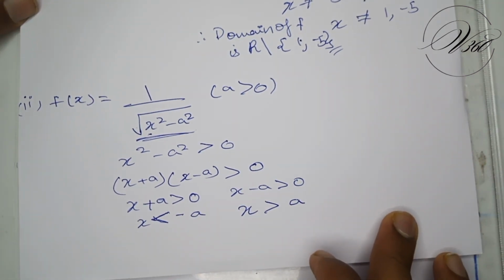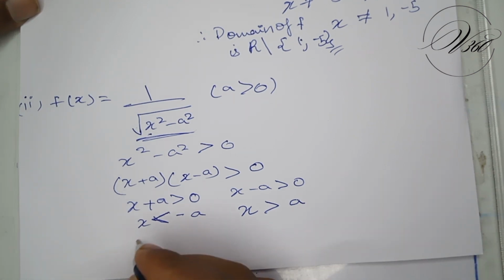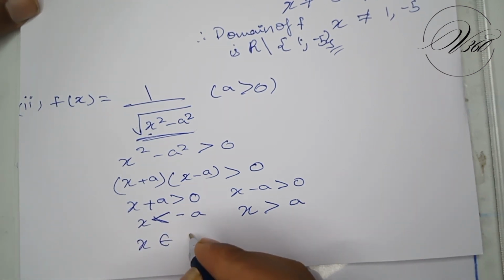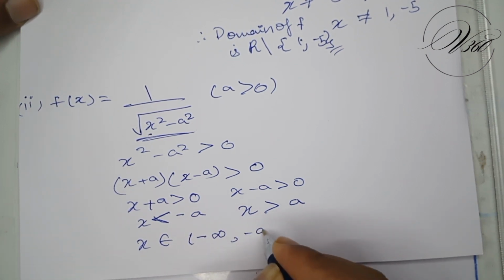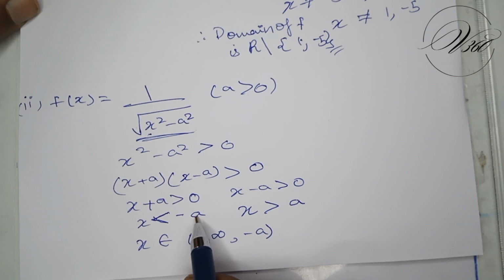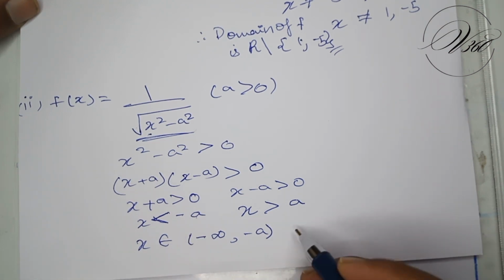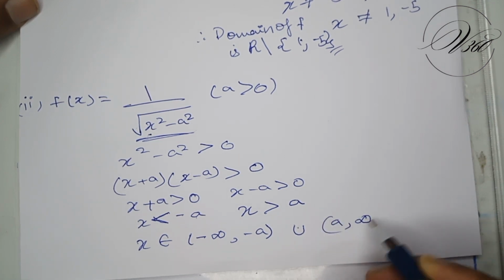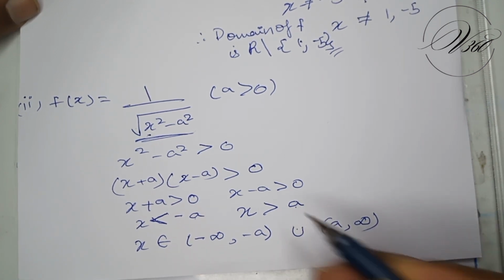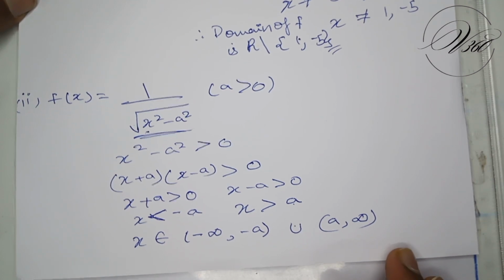Okay, here we have taken this, and now x belongs to minus infinity comma minus a, that is from here till the left side end, which is union with a comma infinity, that is from plus a till the end, infinity.